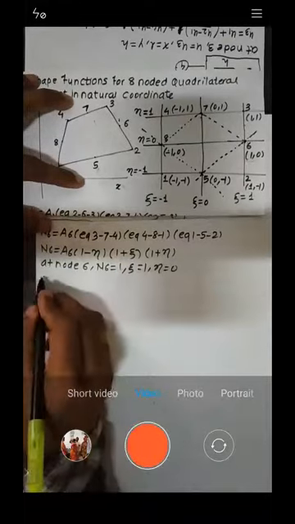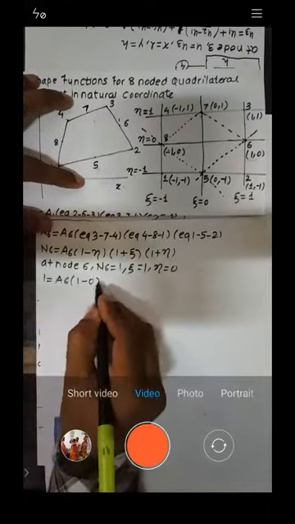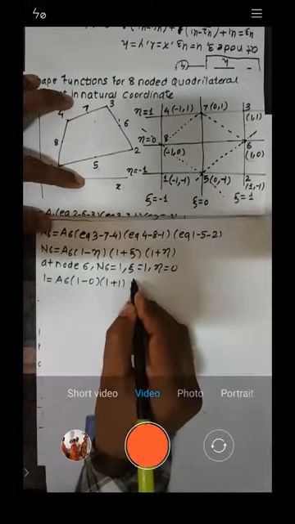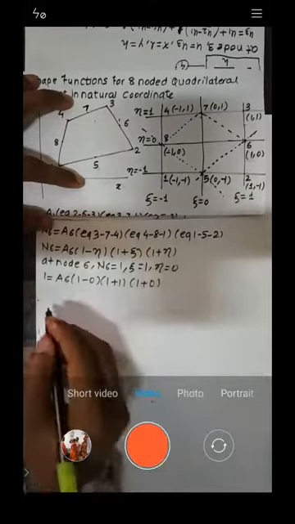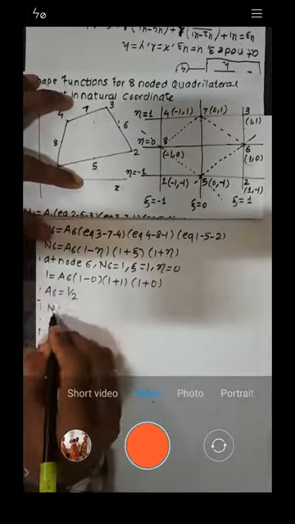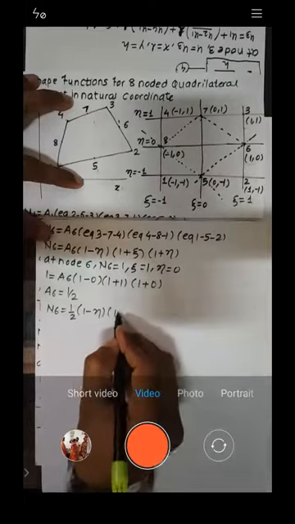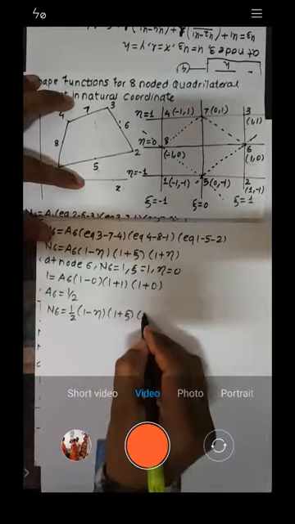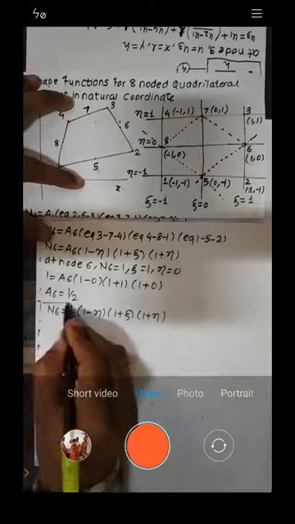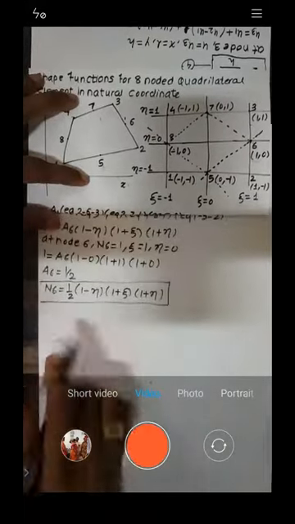So let's put that. 1 is equal to A6 times 1 minus 0, 1 plus 1 and 1 plus 0. So we'll get A6 is equal to again half. So N6 is equal to half (1 minus eta)(1 plus zeta)(1 plus eta). This is N6.